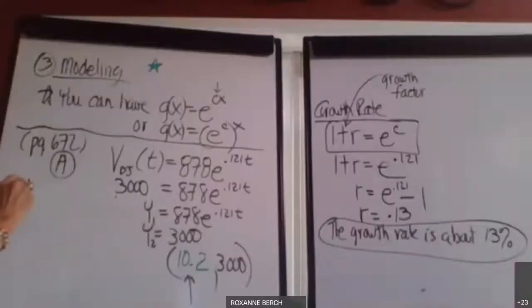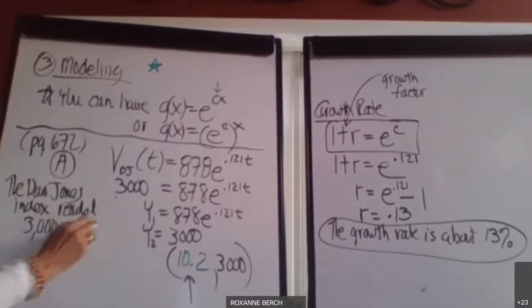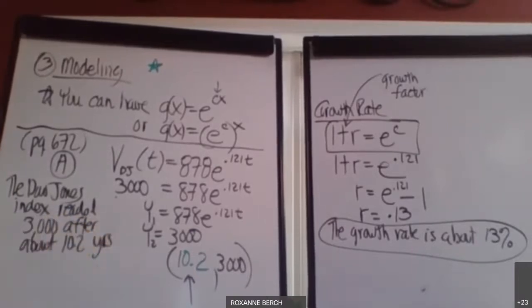And then for the Y, 3,000. Right. So the Dow Jones Index reached 3,000 after about 10.2 years, or after 1990.